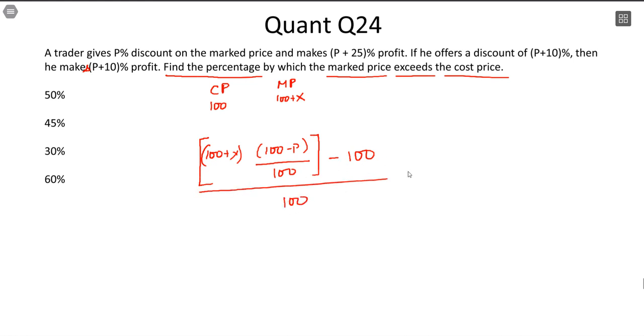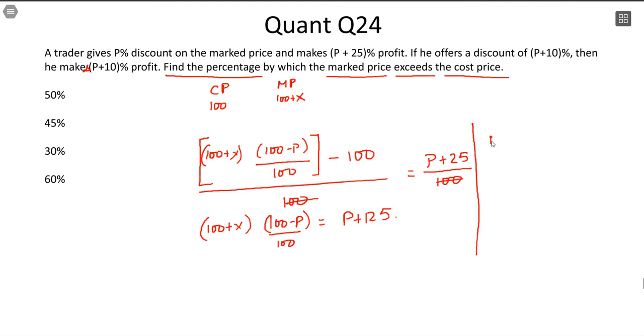Whole thing upon 100 is equal to P plus 25%, so P plus 25 by 100. Okay, I have got this. So the hundreds can go. This 100 comes to this side. I have (100 plus X) into (100 minus P) by 100 is equal to P plus 125.